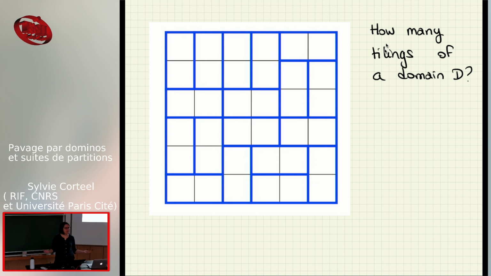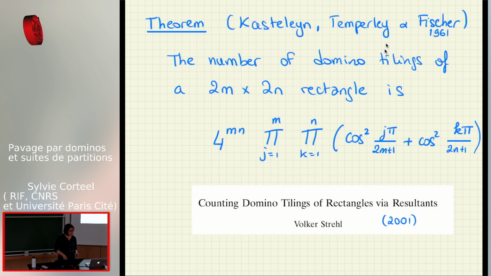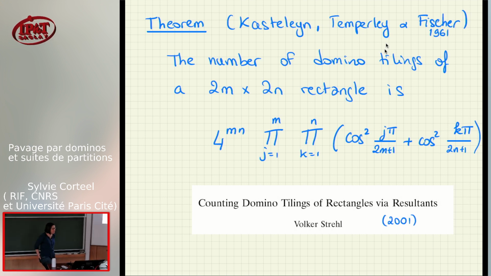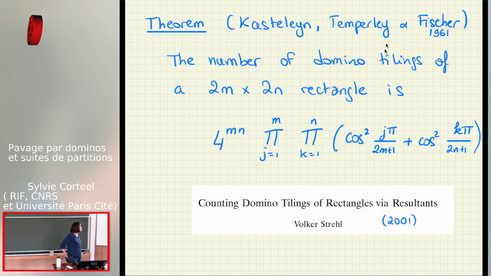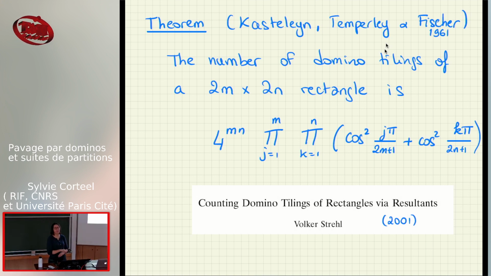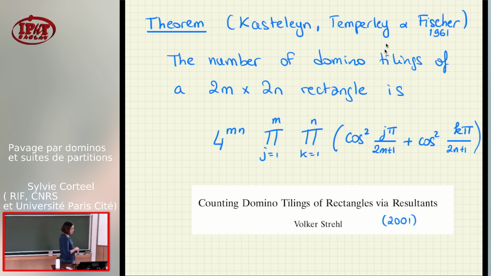That's going to be the theme of the talk today: when you have a region that behaves fairly well, are you able to count the tilings of this region? For the square and for the rectangle in general, this question was answered more than 60 years ago. I give the case where both sides of the rectangle are even, but if only one of the sides is even, you also have the same type of formula.